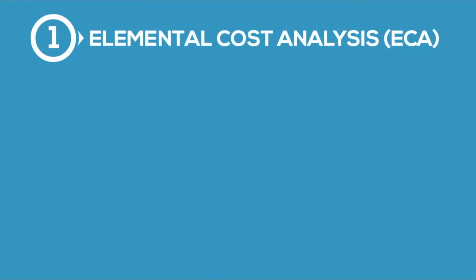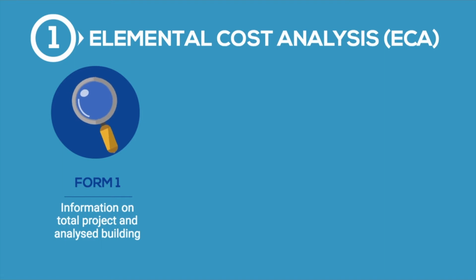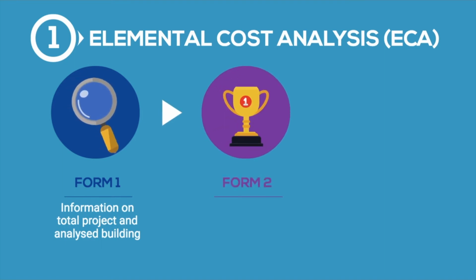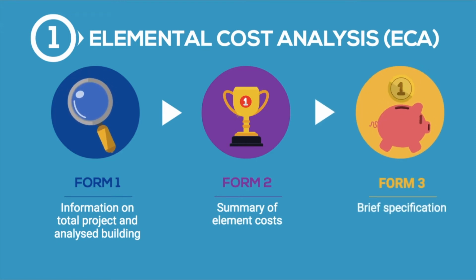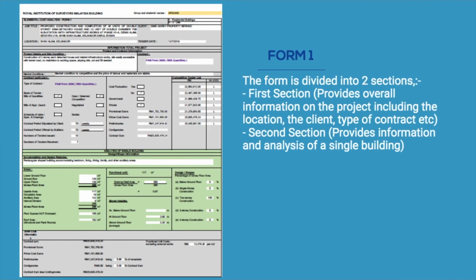In elemental cost analysis, there are 3 forms, which are Form 1, where the information on the total project and analyzed building, Form 2, about summary of element costs, and Form 3, about brief specification. In Form 1, the form is divided into 2 sections. The first section provides overall information on the project including the location, the client, type of contract, and many more.